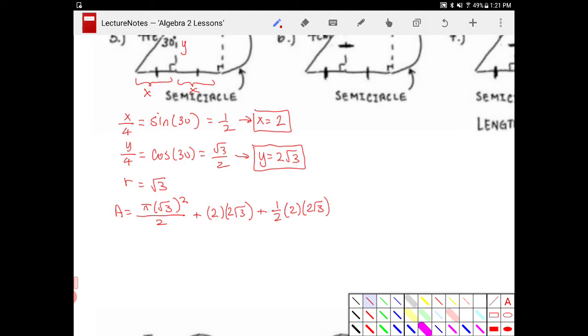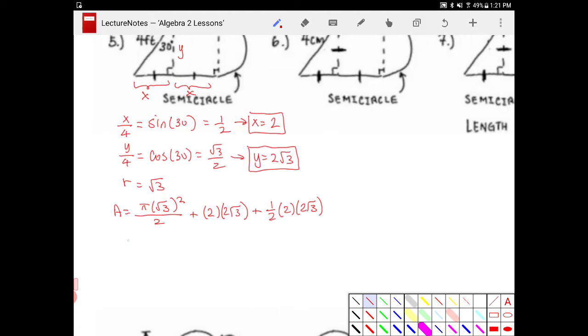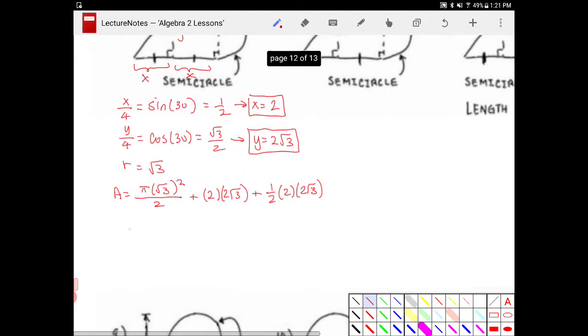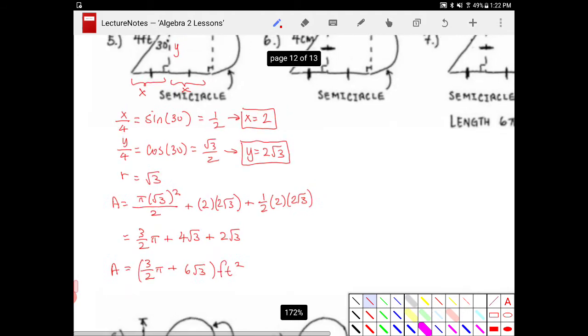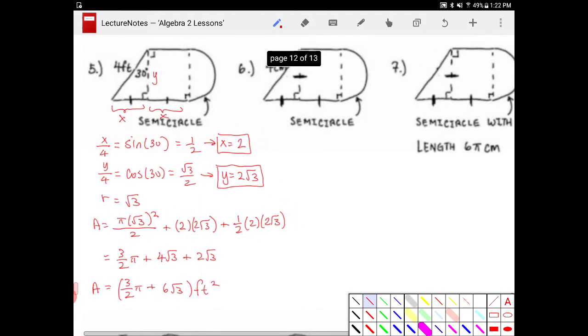So if I were to simplify all of this, and all of this is measured in feet, by the way, I will end up with 3/2 pi plus 4 radical 3 plus 2 radical 3. And all of this will further simplify to 3/2 pi plus 6 radical 3 feet squared. All right, moving on.